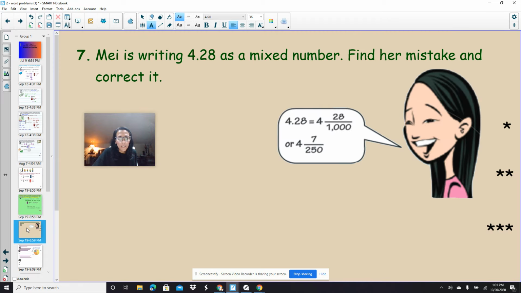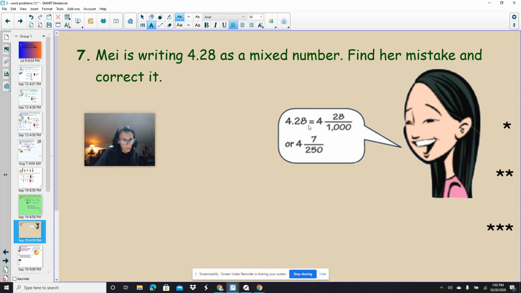Okay, next up, May is writing 4.28 as a mixed number. Find her mistake and correct it. Okay, so what do you see here? 4.28, she says, is equal to 4 and 28 over 1,000. Well, first let's talk about, where does the 8 terminate? What place value is that?